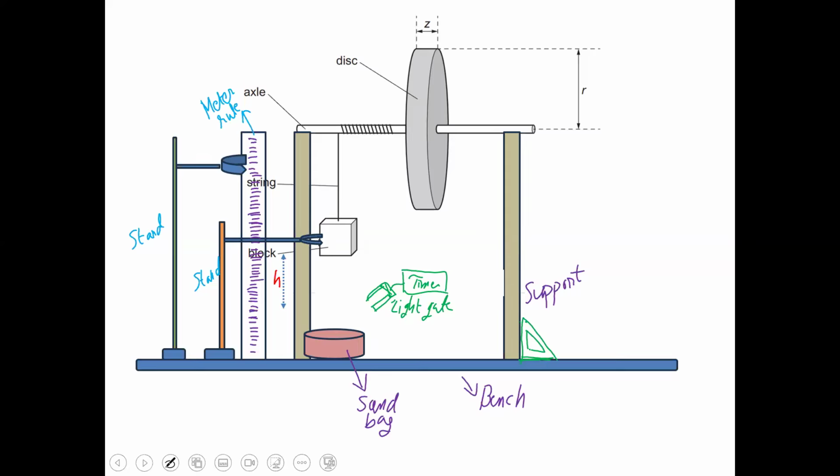Then let's try for accuracy. Like the first bullet: use a set square to check the vertical status as shown.